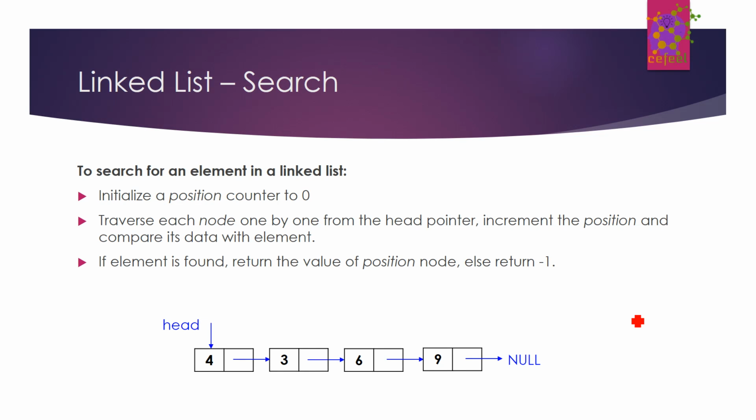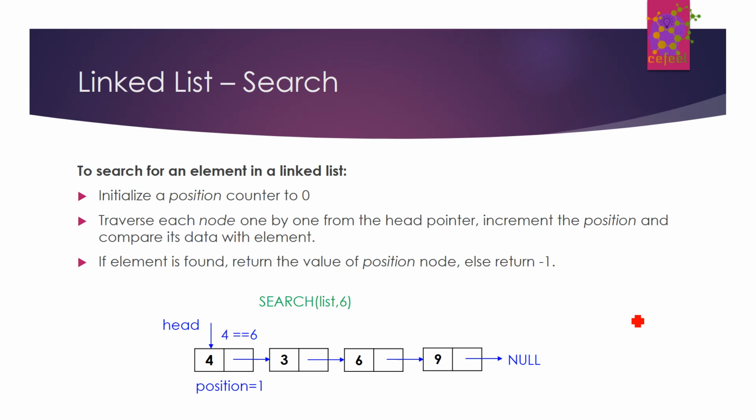Let's say we have 4 nodes in our list here and we want to search for an element. Let's say we want to search for an element 6. So we start with position is 0 first, and then we will traverse through each node. We'll first traverse through 4, and that way we'll update the position counter to 1. We'll compare 4 with 6.